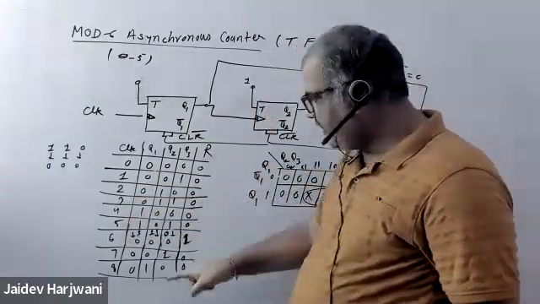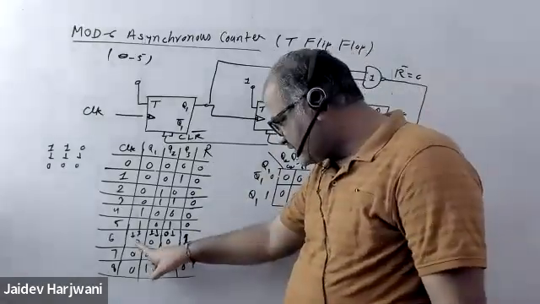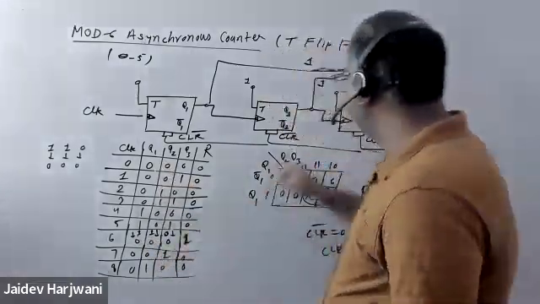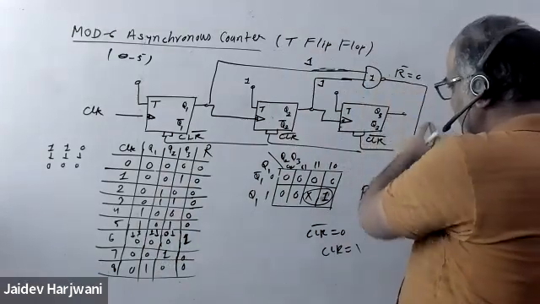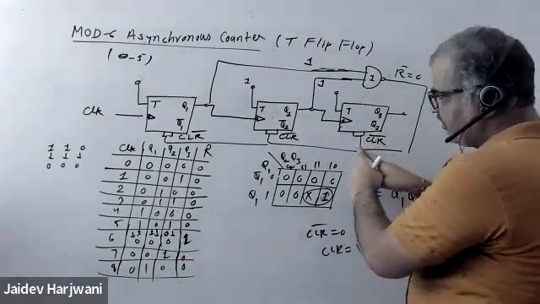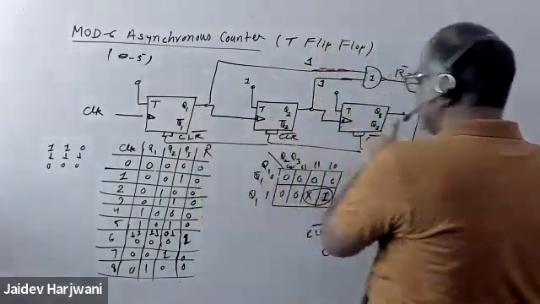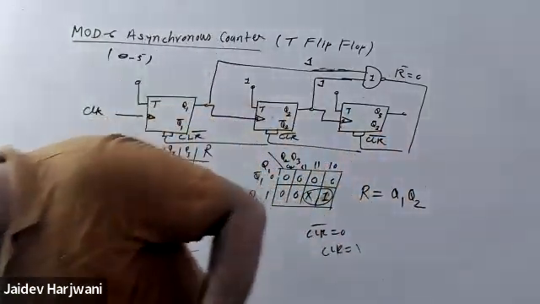It will reset only when this multiplication becomes 1, and that happens only for this state 1 1 0. As the 1 1 state arises, this multiplication becomes 1 and this becomes 0, and you can see that you put clear bar as an input and it will automatically reset every q1 q2 q3. Now if you have any doubt, please ask me.